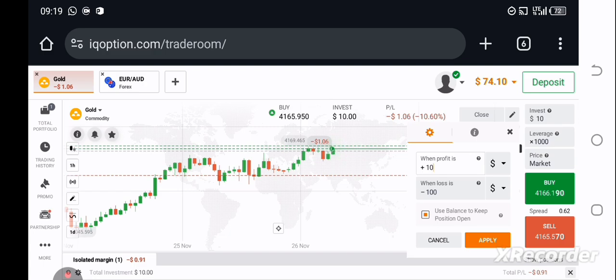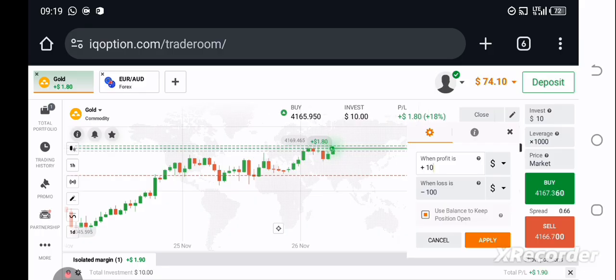So you can see everything is now set. If I have a profit of 100%, which is 100% of my invested capital of $10, it will close. If I have a stop loss of minus 100%, which is also 100% of the investment amount.